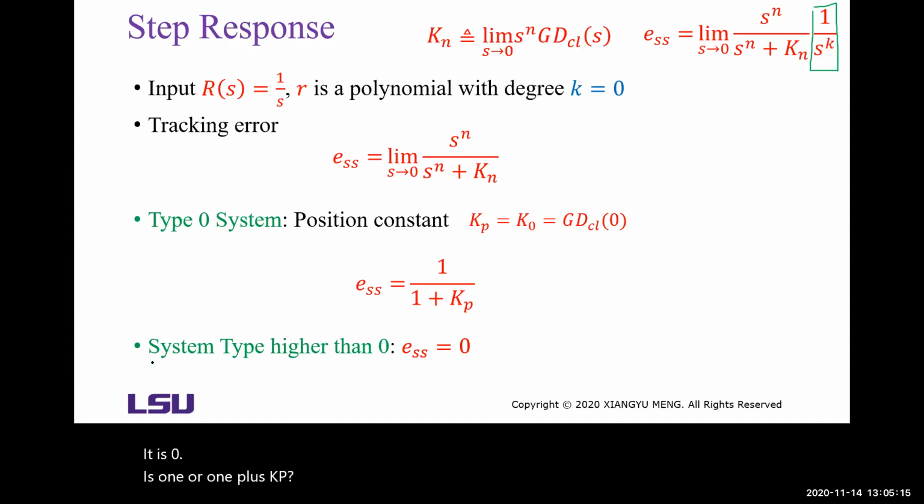Then for system types higher than 0, if n is greater than 0, it could be 1, 2, then the steady-state tracking error is 0.